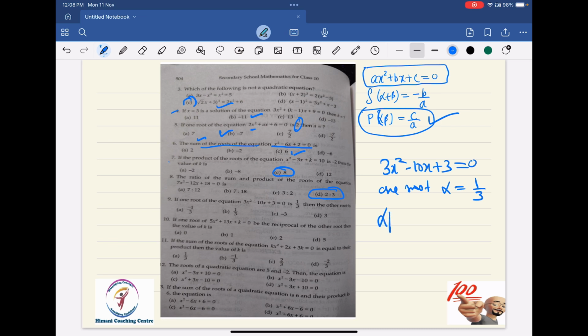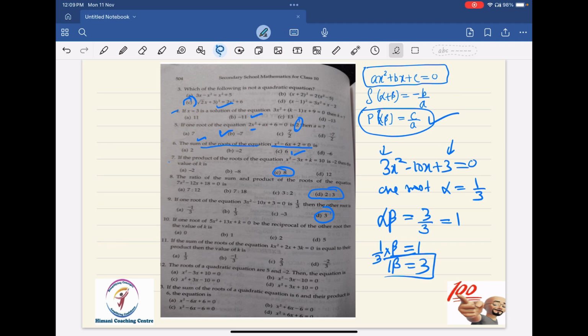Let me find alpha beta, the product of the roots. According to this question, C is 3 and A is also 3. So C by A is 1. Now alpha is already known, so I will simply write 1 by 3 times beta is equal to 1. So beta would be, 3 goes up, gets multiplied, and you get 3 as the answer. Okay, so this is how we do this particular question.